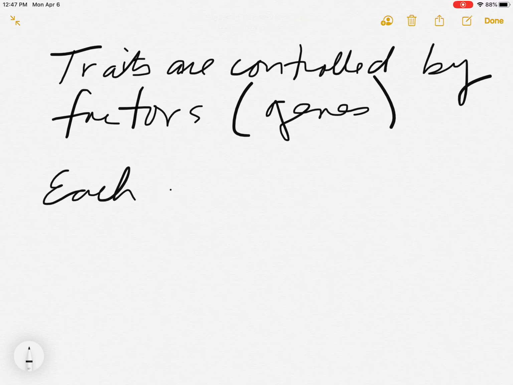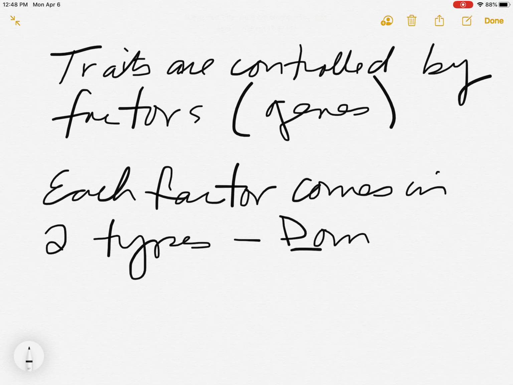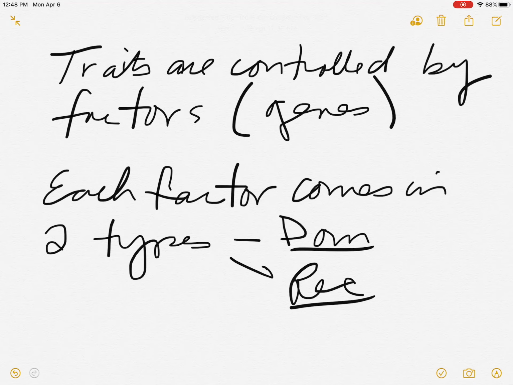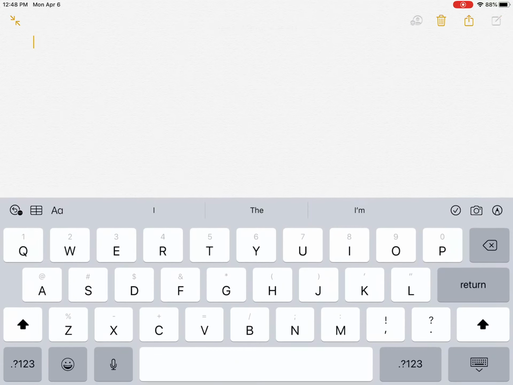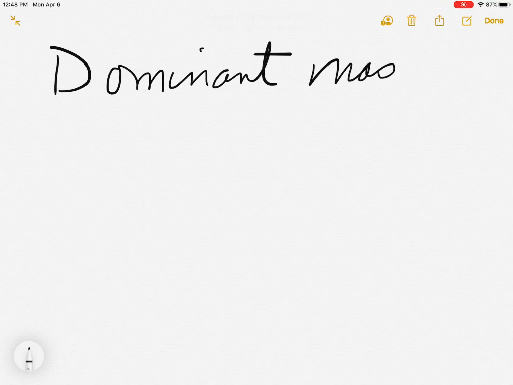Each factor comes in two types, either dominant or recessive. And of course, you have to remember that the dominant masks or hides recessive.